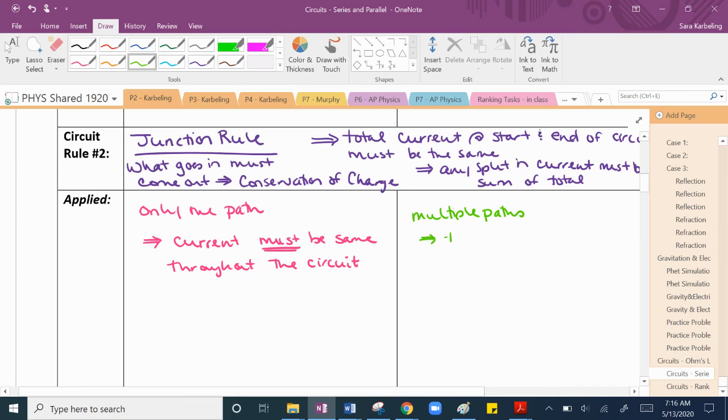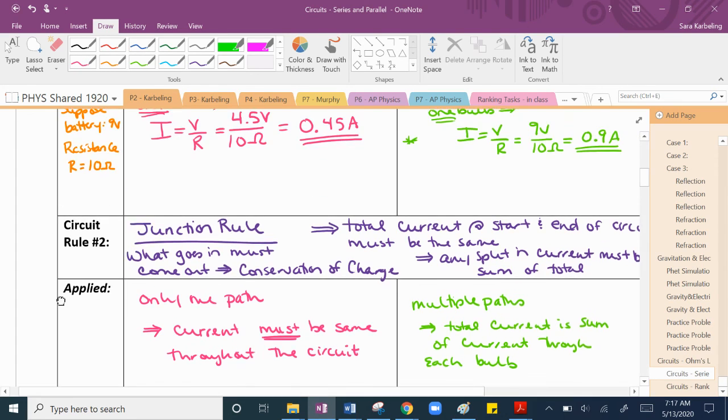That means that the total current is the sum of the current through each bulb.